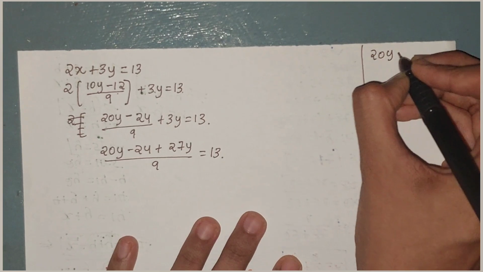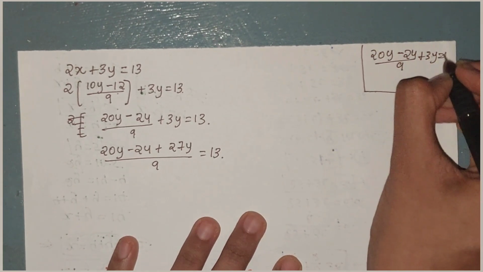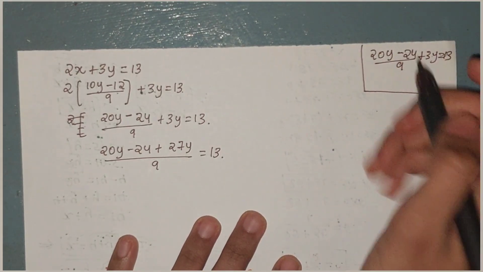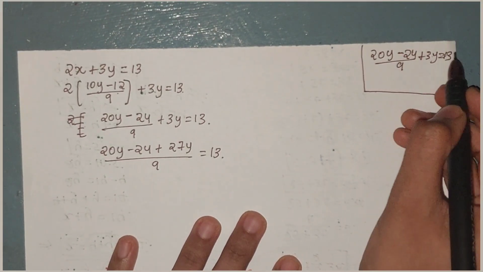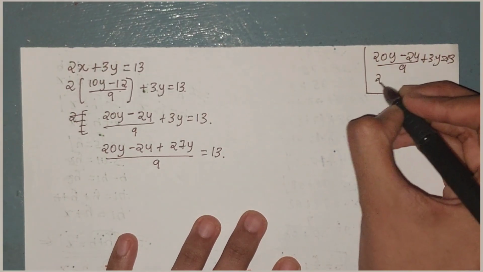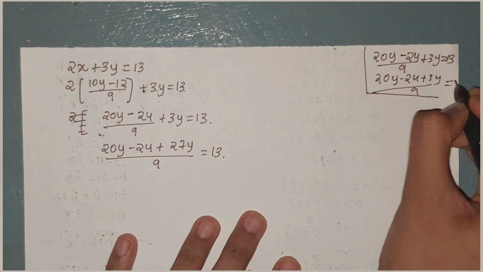So 20y minus 24 by 9 plus 3y is equal to 13. You have something like this. You know to take LCM, you know that you cannot just send this 9 here. But sometimes, while writing it down, 20y minus 24 plus 3y by 9 is equal to 13.